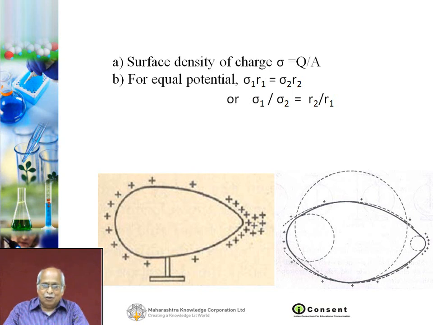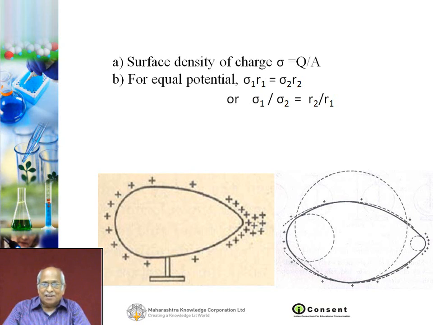Because we assume or we know that charges are at rest, there is no motion of charge. It means everywhere potential on the conductor must be same. Let us introduce some simple physical quantities to understand this. We define what is called surface density of charge.